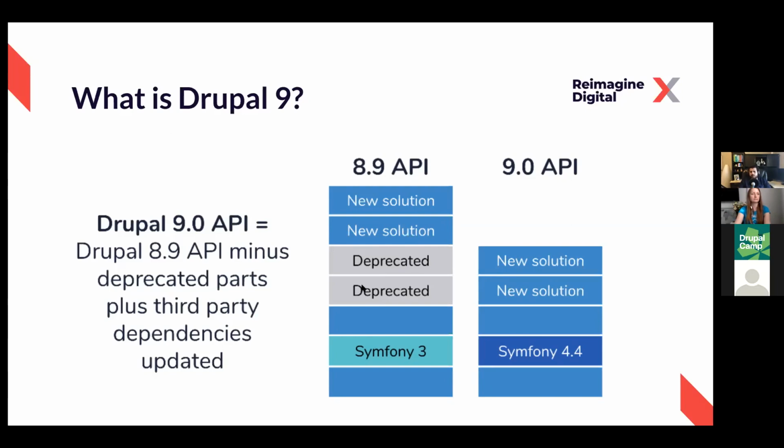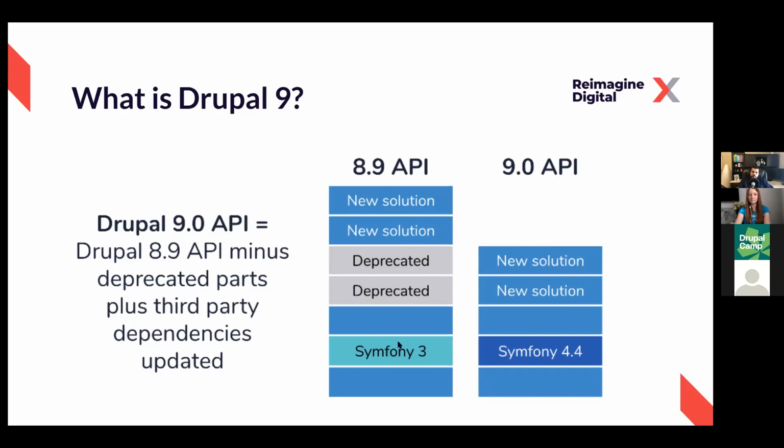The deprecated code means the code that is no longer needed in Drupal core and also not needed in some of the contributed modules because of major changes in the API. So in this new release, the Drupal community removes the deprecated code.